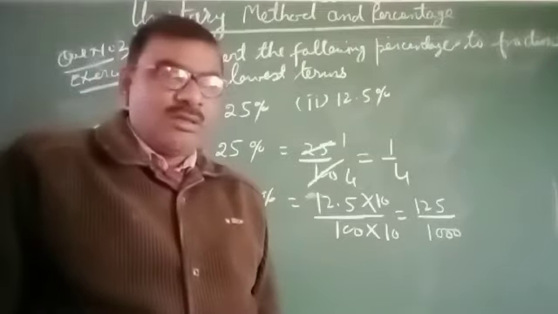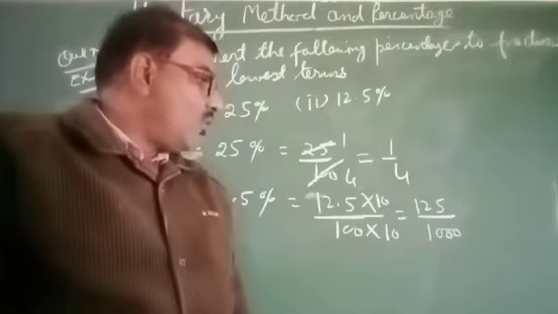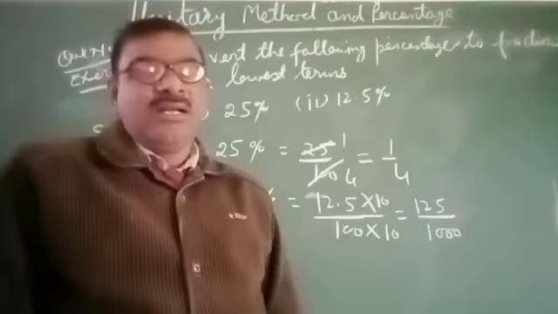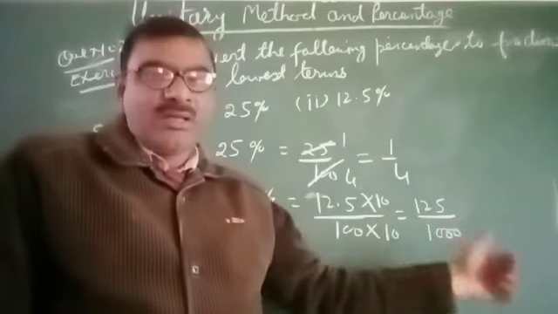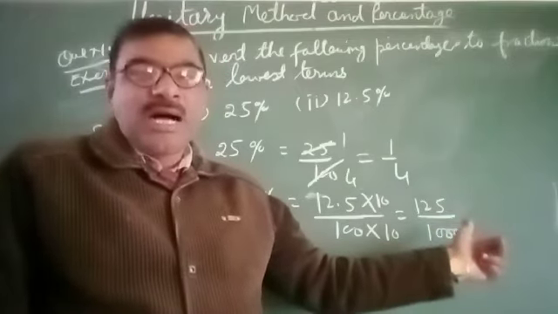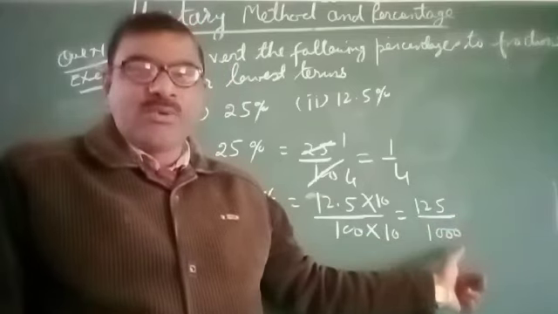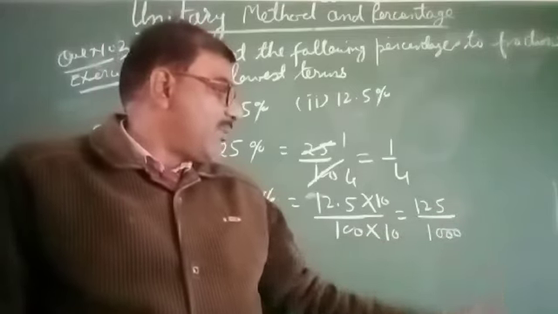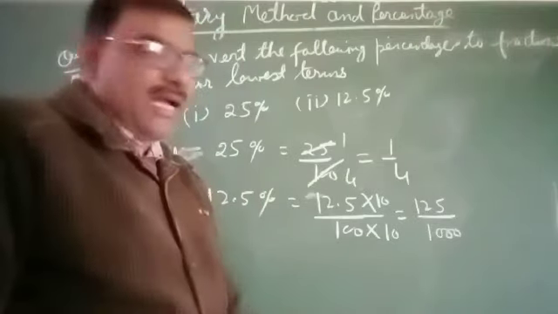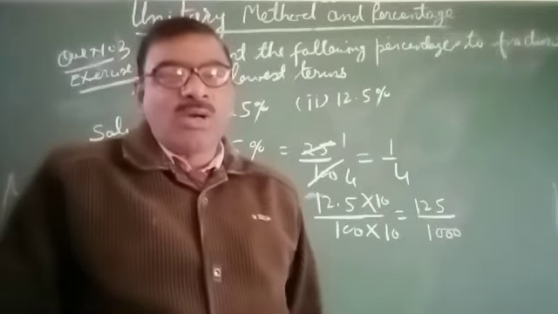Now this is the form of a fraction, so I will convert this fraction in the lowest term. How to convert this fraction in the lowest term? I will find the HCF of 125 and 1000. The HCF of 125 and 1000 will be 125.